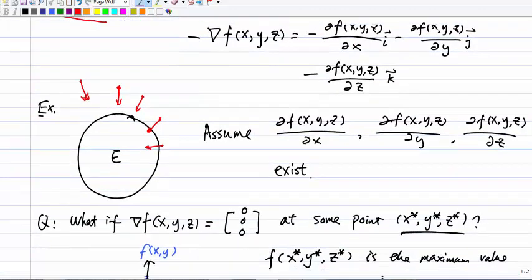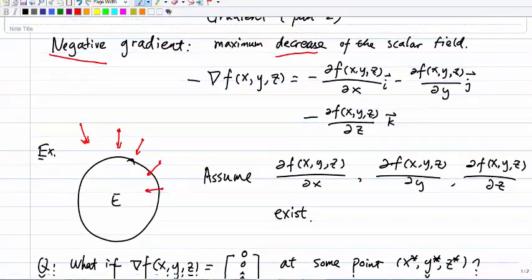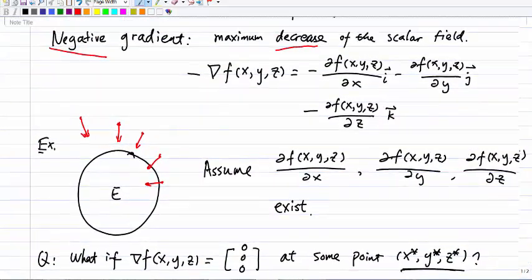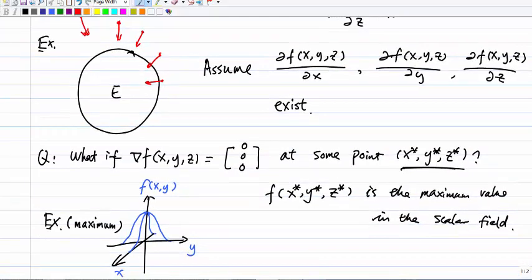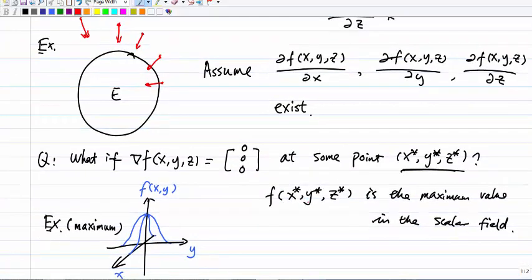All right. So next question: what if my gradient is 0? What if the gradient of f(x, y, z) is (0, 0, 0) at some point (x star, y star, z star)? What does that mean? That could mean one of three cases. First, you achieve the maximum value at that point.